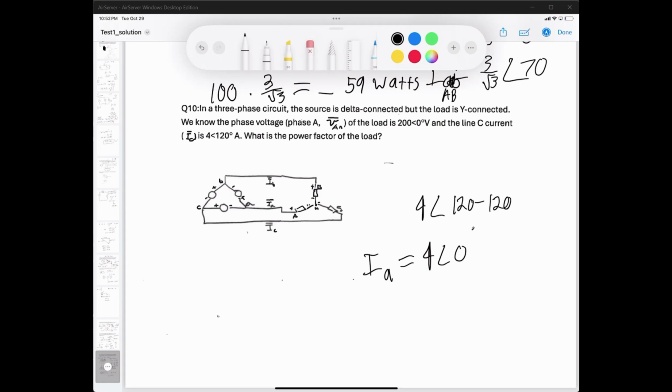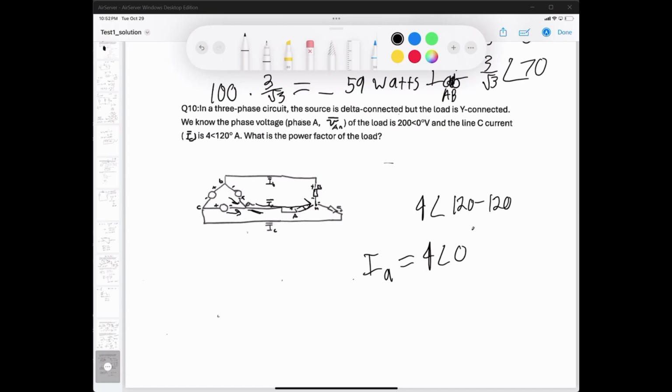Now, are we going to be increasing or decreasing? Well, the current, as it goes into the neutral, isn't increasing. Notice how the current that came out here goes out to neutral.